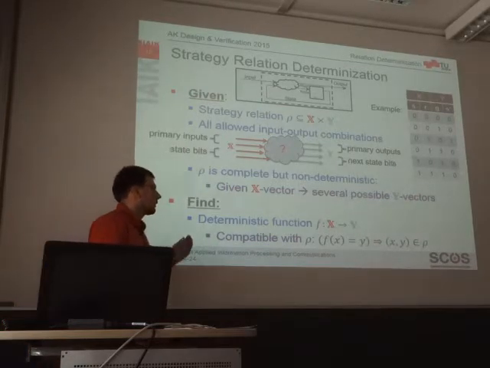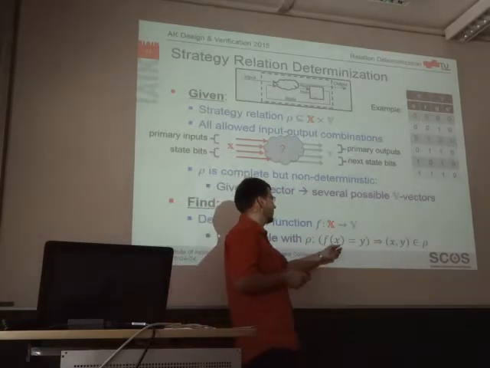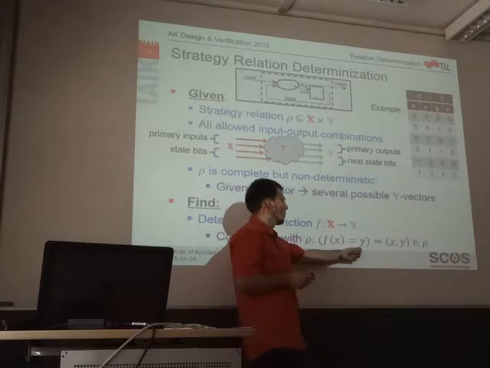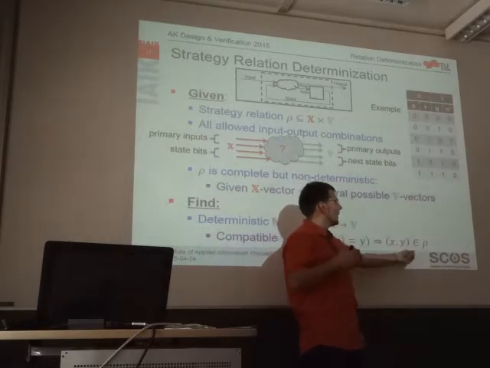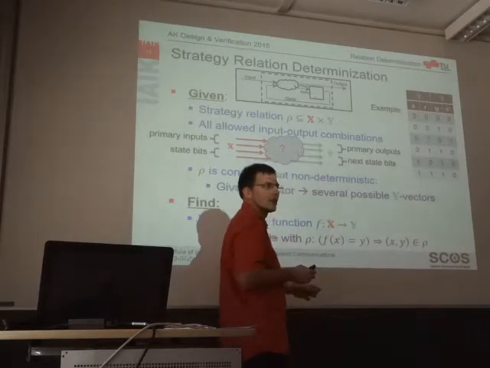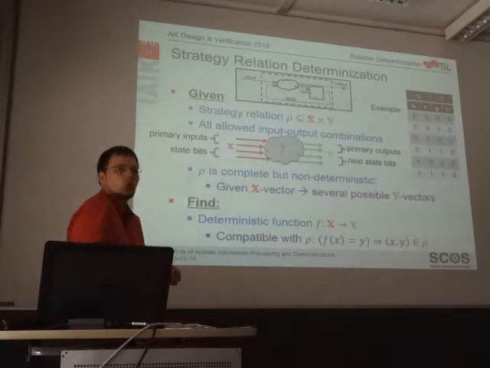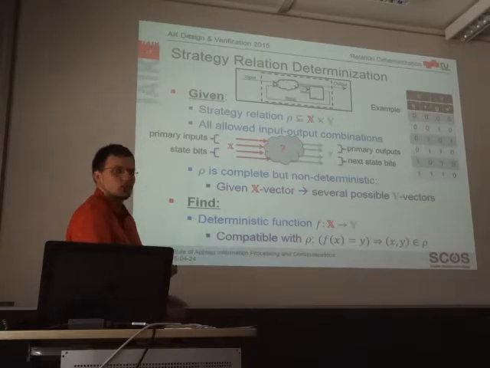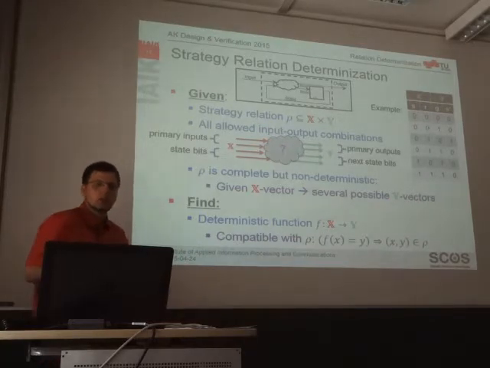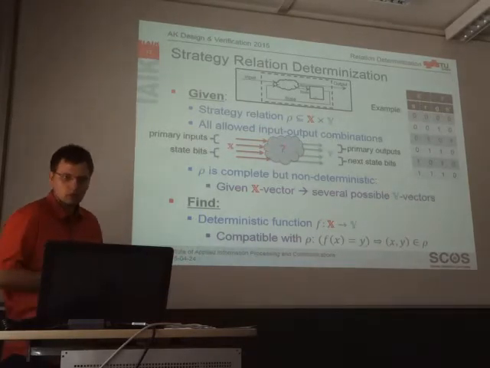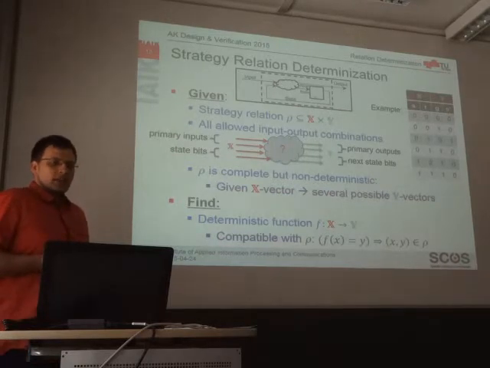Meaning that whenever we compute f of x to be equal to y, this x and y are part of our original relation. So obviously the function shouldn't do anything that was not allowed by this original relation. This is called a compatible function. So that is our basic goal.